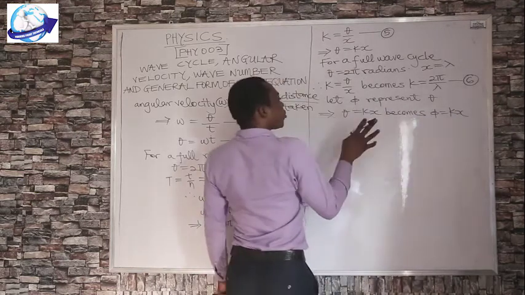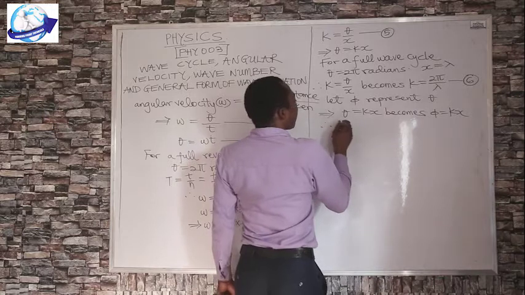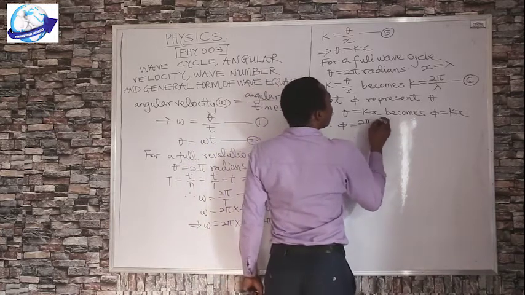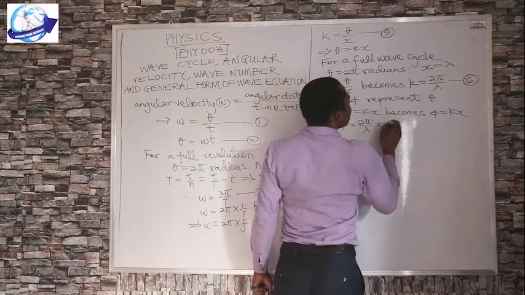And since phi is equal to kx, therefore phi is also equal to 2 pi over lambda times x.